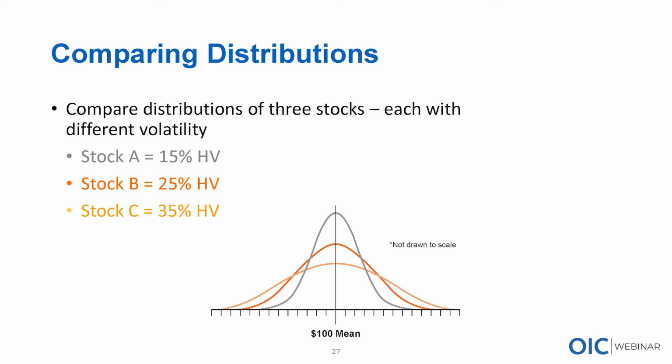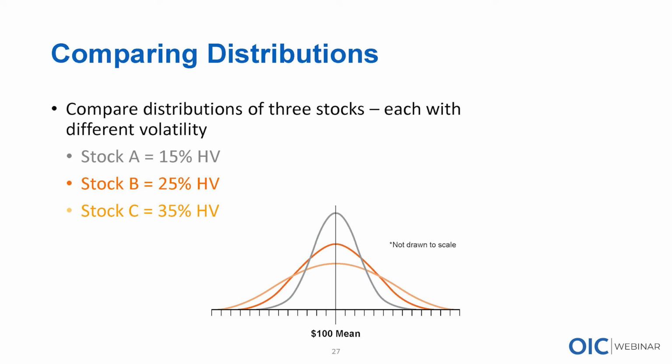But what do these past distributions tell us about the future volatility of each stock? It tells us nothing, really. Remember, historical volatility is backward looking. You're just looking back into the past. Maybe stock C just reported earnings, and stock A, even though it has a historical 15% volatility, is about to report earnings, and maybe this is a particularly volatile quarter for them.